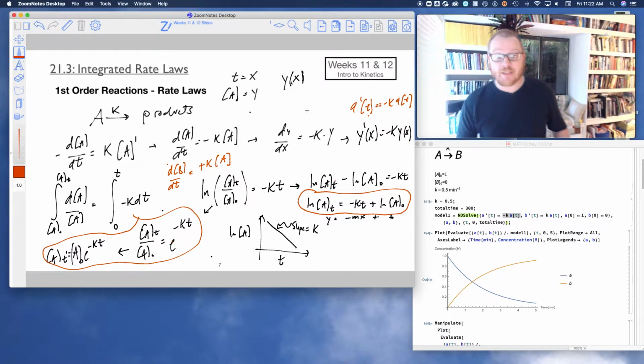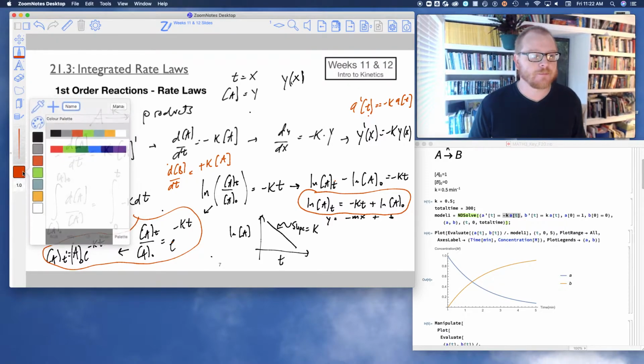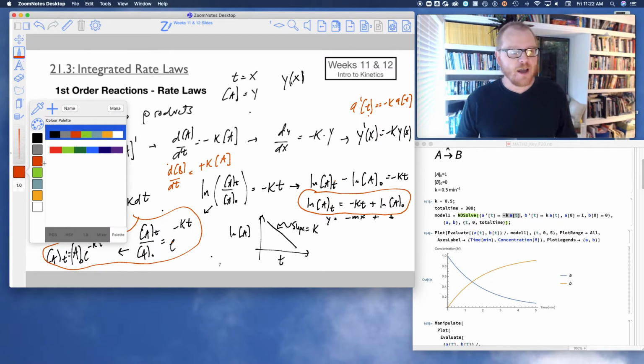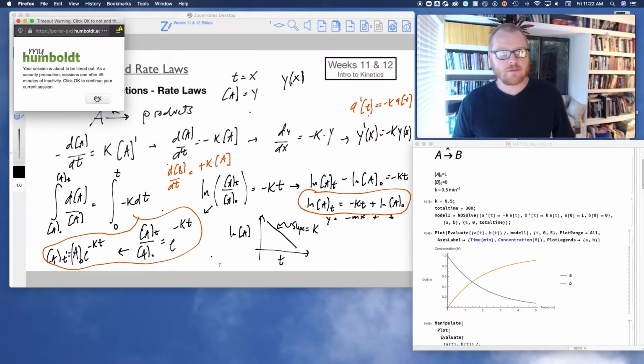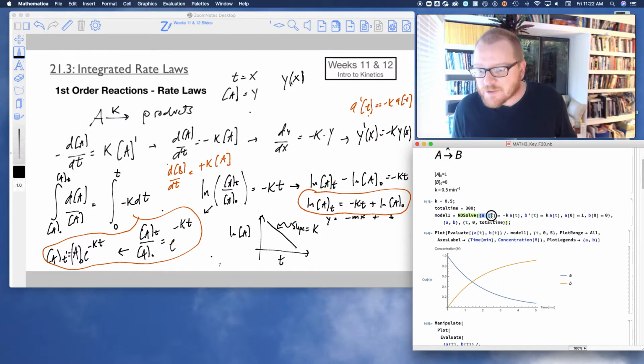It's the same thing as this line. And then look, now we can do it for B. B prime of t is going to equal positive k times A of t, just like we came up with here. And other conditions that we have to put in, still the double equal sign because we're doing this numerical solve.